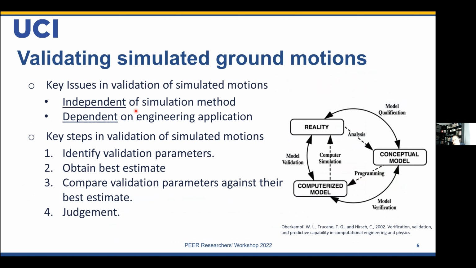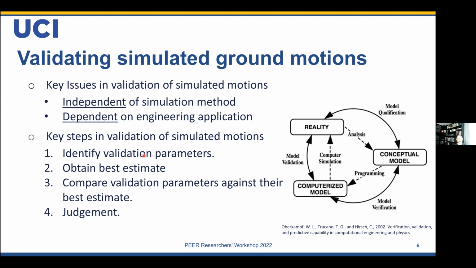Let's say you want to use simulated ground motions for evaluating the performance of nuclear reactors. You are very much at the stiff side of the spectrum. You need to look into your high frequency range. Looking into tall buildings, although you have some acceleration response that needs high frequency, the displacements are heavily impacted by the low frequency range.